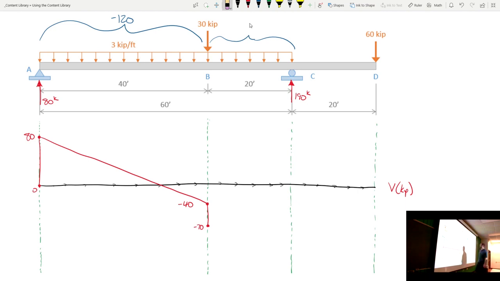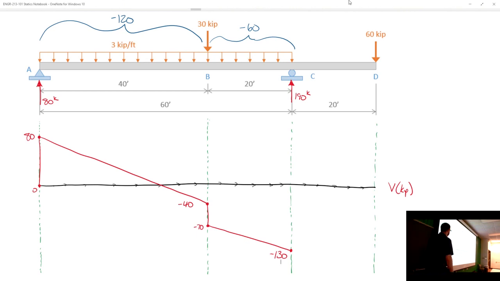So -60. So if I'm at 70 and I drop down linearly another 60, negative 130.